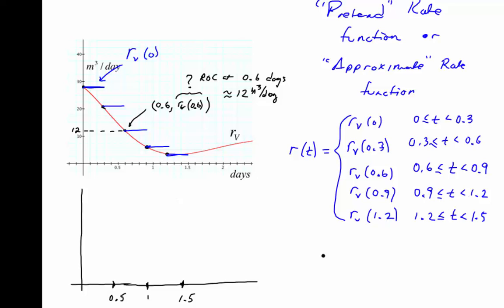For any change in days, the change in meters cubed is the constant rate times that change in days. So 28. Well said. Well said. So again, it's got to start to stick sometime. A constant rate of 28 meters cubed per day means given any change in days, the change in volume of oil spilled out is going to be 28 times that change in days.